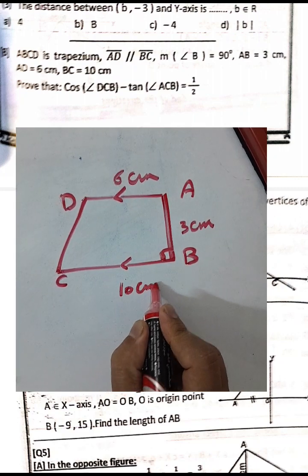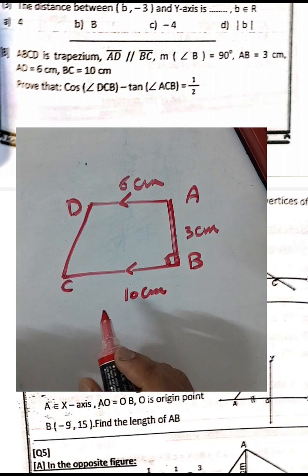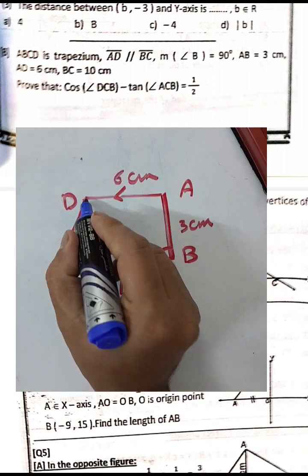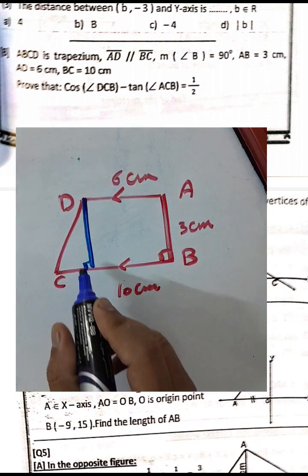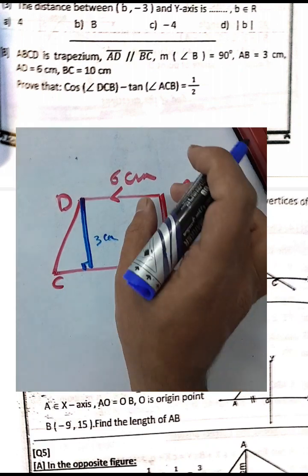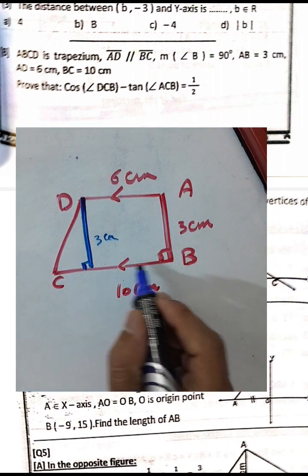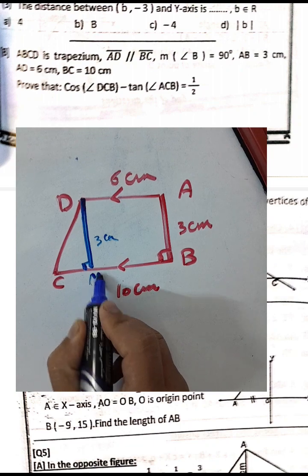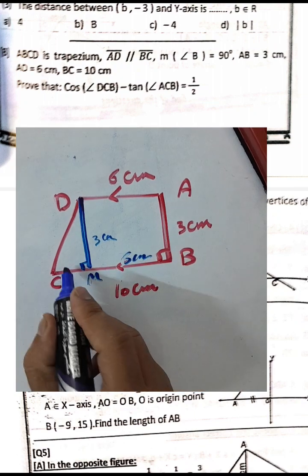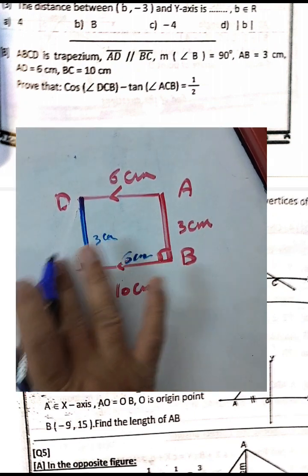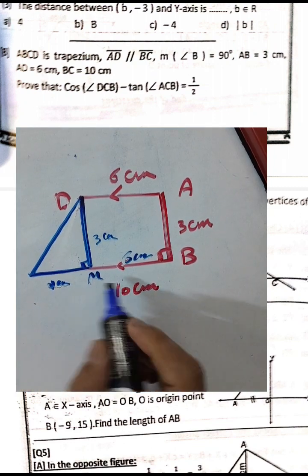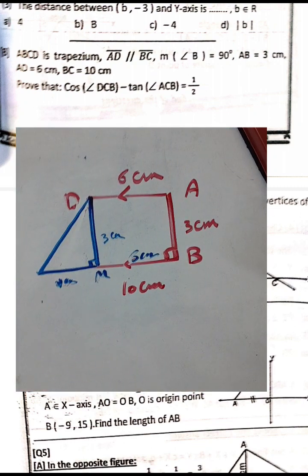Okay, first step in this example, we must draw a right angle triangle and draw this line segment perpendicular. This side length will be 3 centimeters, opposite sides of this rectangle are equal in length. This side length from B to M, this side length BM equals DA equals 6 centimeters, and 10 minus 6 will be 4 centimeters. Then this space here will be 4 centimeters.